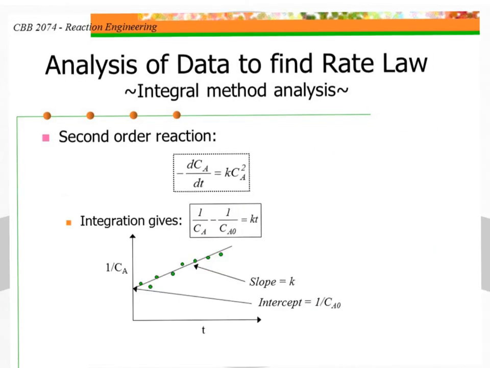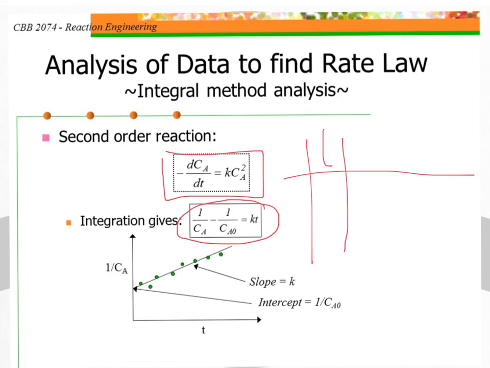For second order, if you rearrange this equation, in order to get a straight line you will get this integrated form. What you have to do is, again from the table, T and CA, and instead of ln you have 1 over CA.